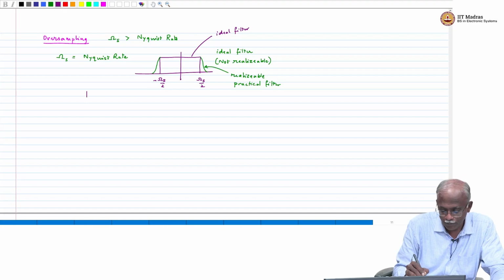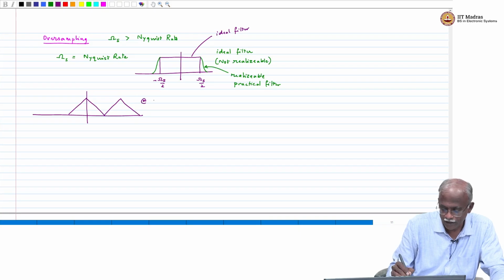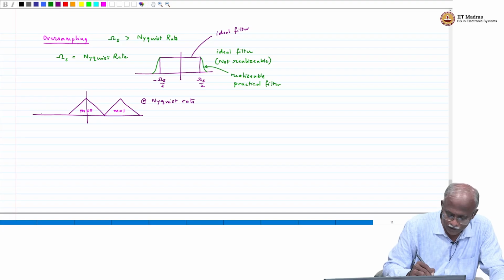If you sample exactly at Nyquist rate, what you will get is the copy m equal to 0 and m equal to 1. This is at Nyquist rate. This corresponds to m equal to 0, this corresponds to m equal to 1, and there will be a copy which is m equal to minus 1.